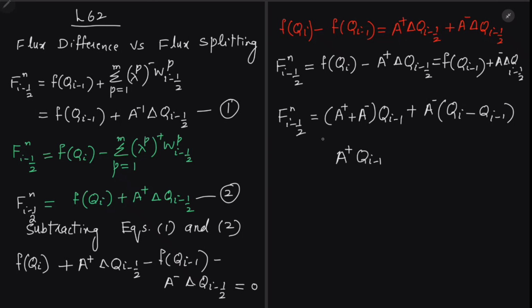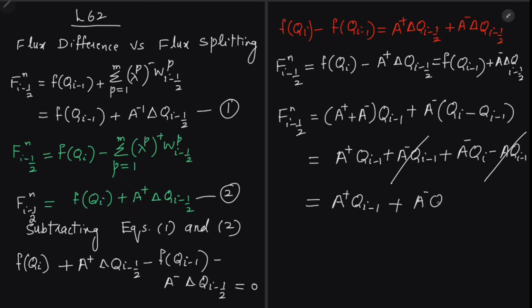Maybe I just give you the details. Plus a minus qi minus 1, a minus qi minus a qi minus 1. This will be cancelled out. Then we have a plus qi minus 1, a minus qi.